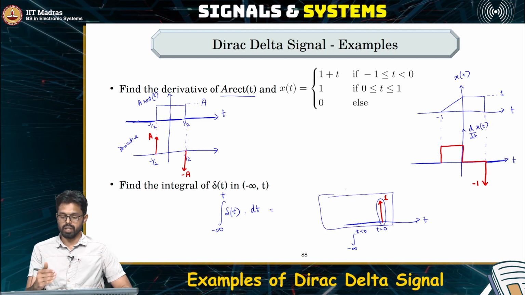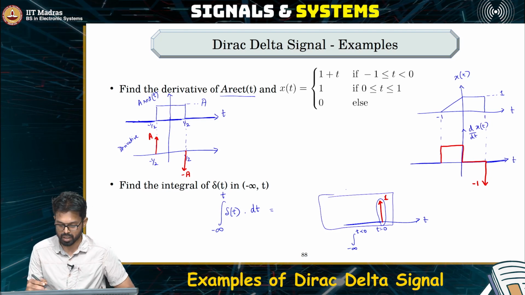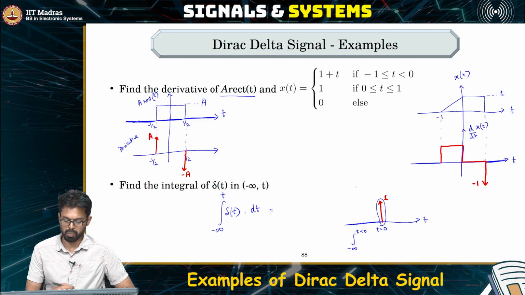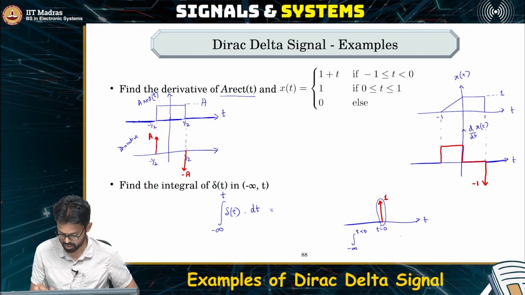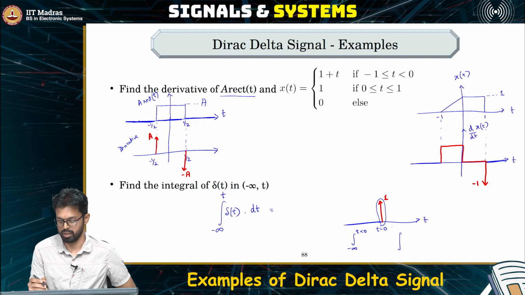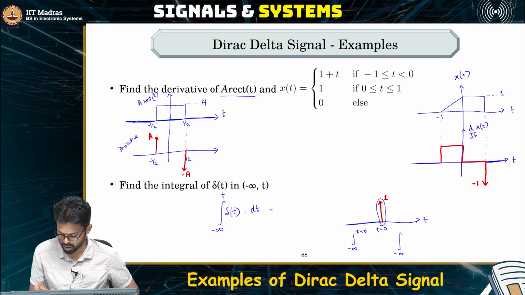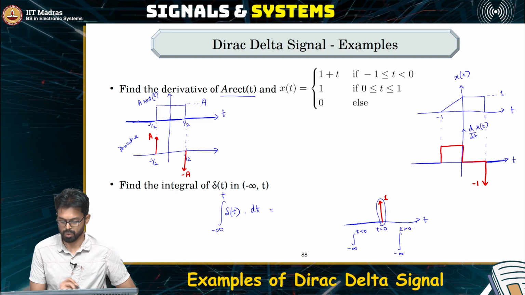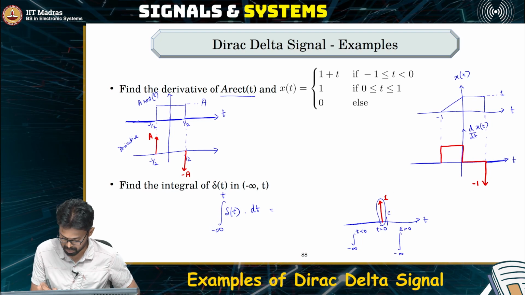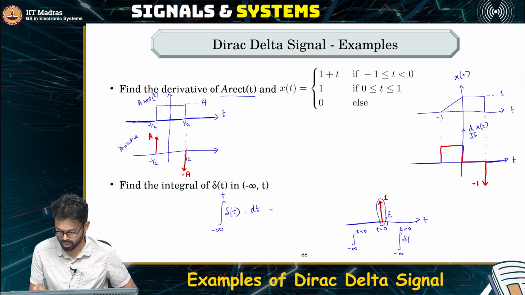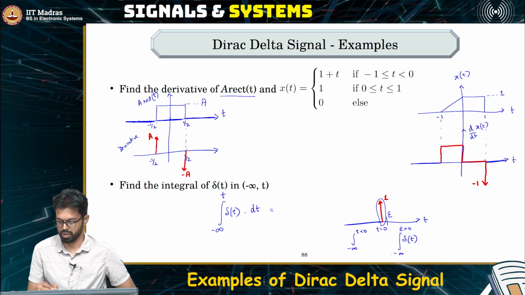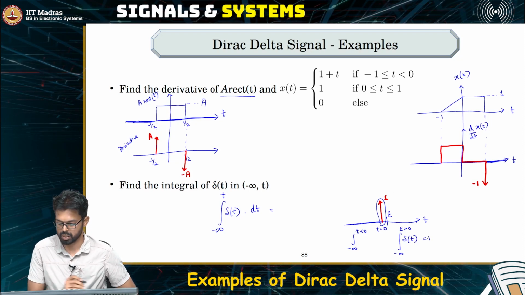So you are including the area that is present under the Dirac delta function. The moment you include the Dirac delta function, the area jumps to 1. So remember that from minus infinity to some epsilon which is greater than 0, if you try to compute the area of the Dirac delta function, it is going to be 1.